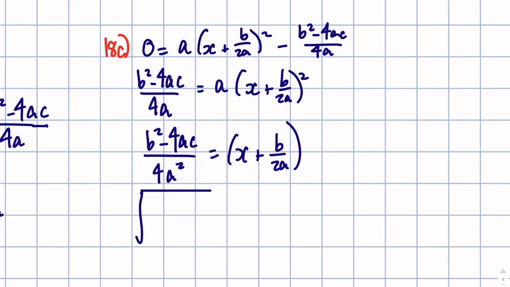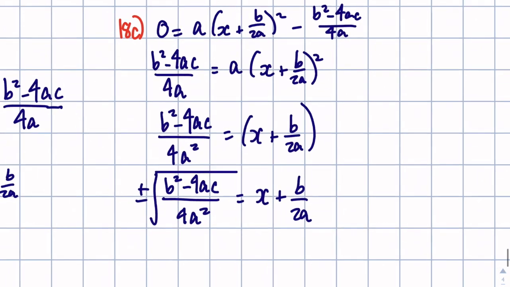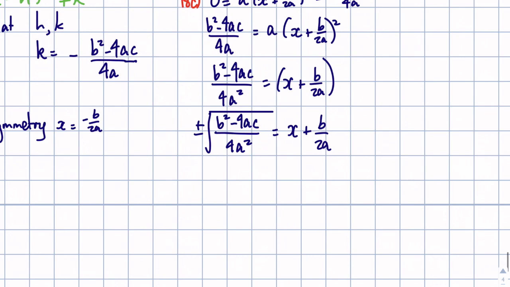I end up with the square root of b squared take 4ac all over 4a squared equals x plus minus b on 2a, which means the square root of 4a squared is just 2a, and I take that b over 2a to the other side, so I get minus b over 2a plus minus the square root of b squared take 4ac all over 2a equals x.